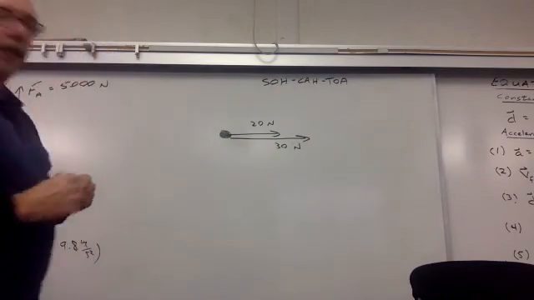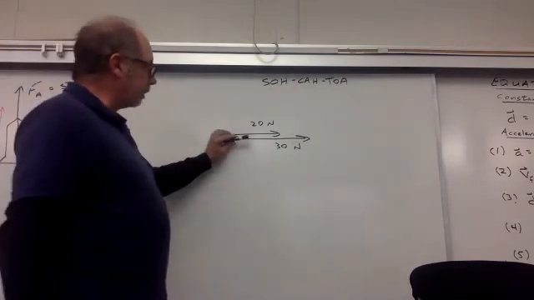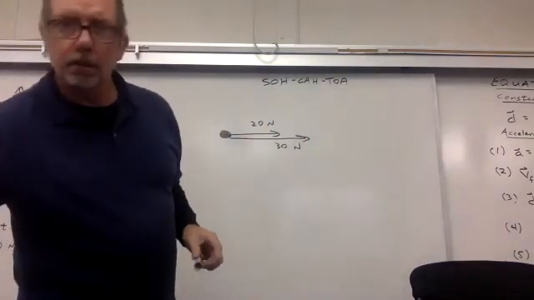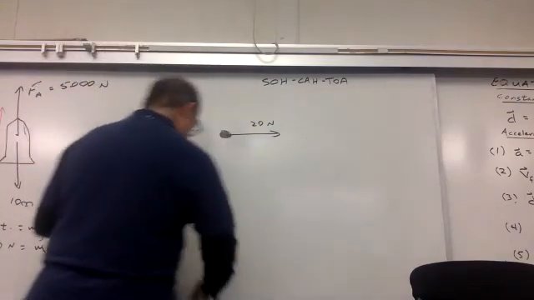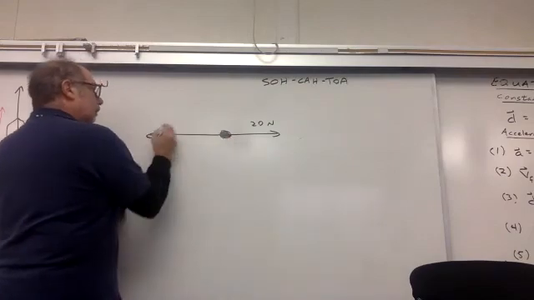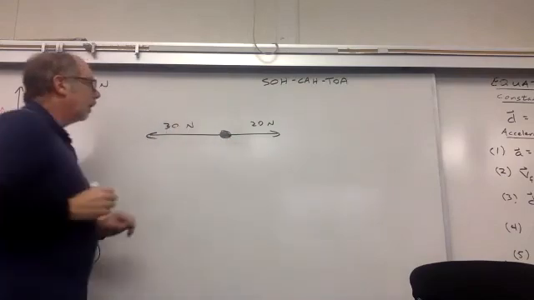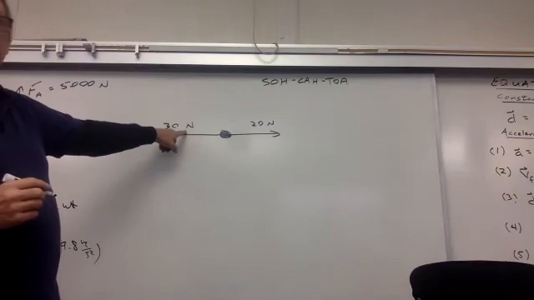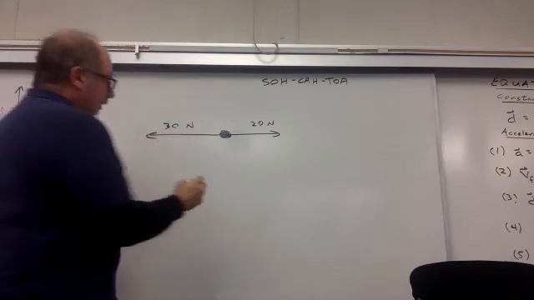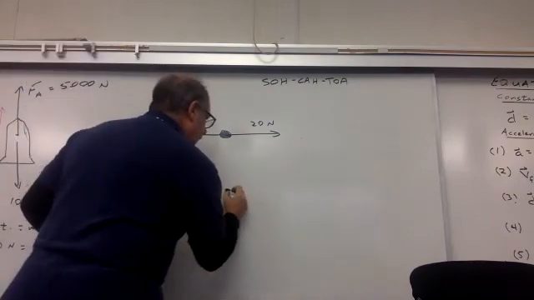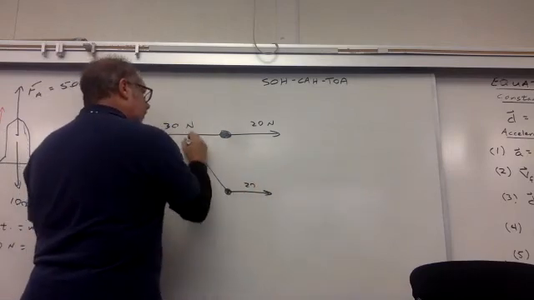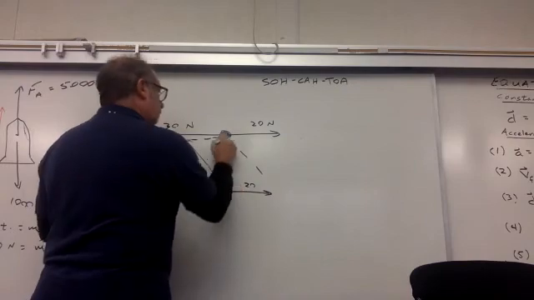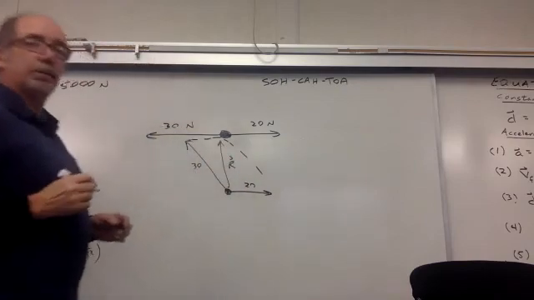If they push in the same direction, they have a maximum of 50. They would have a minimum of 10. And then if I had them pointing in other directions, they could have some value between that.